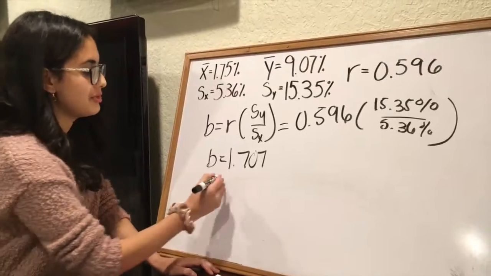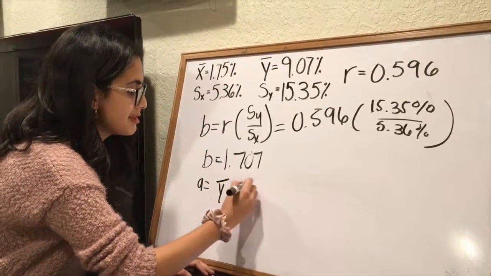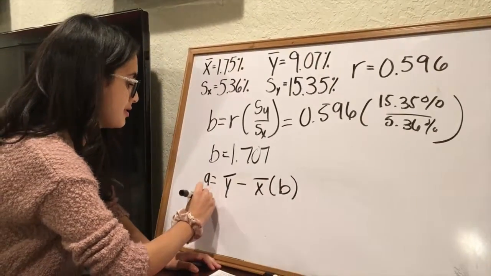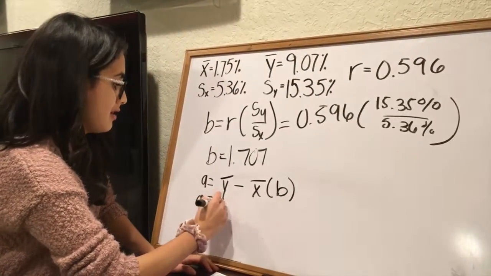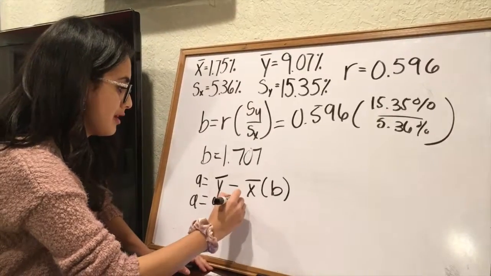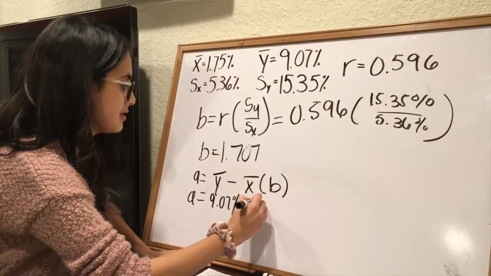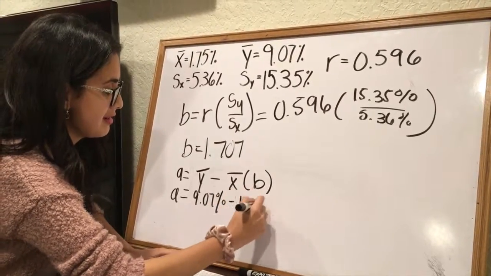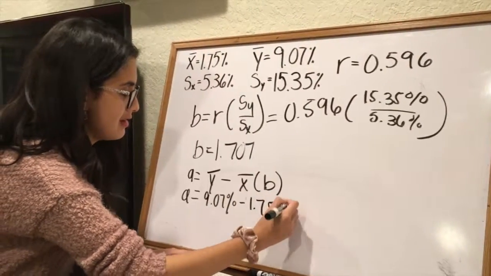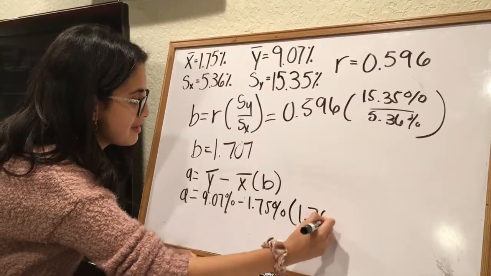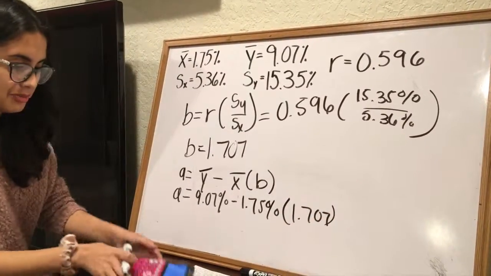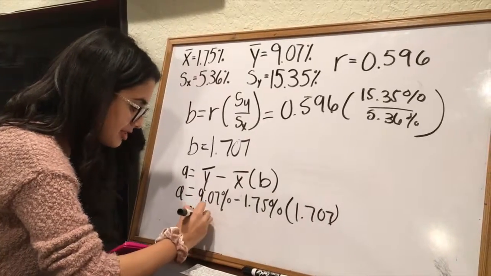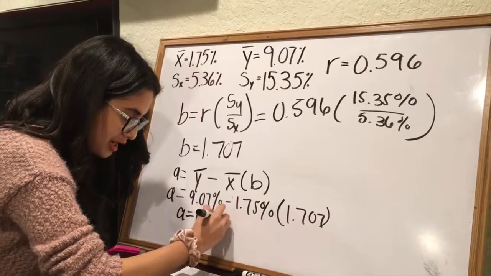So to find a, you would do y bar minus x bar times b. So you plug in your values and you get 9.07% minus x bar, which is 1.75%, times 1.707. So when you plug all the values into your calculator, you get a is equal to 6.083.